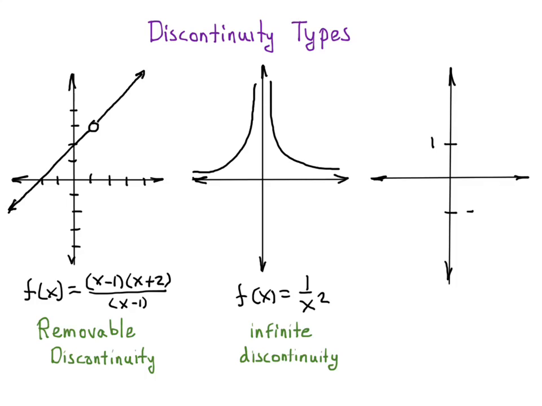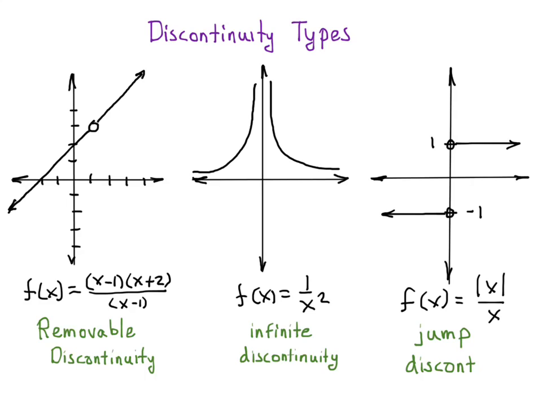And then the third kind, which I showed you with that absolute value of x over x, we call a jump discontinuity, or some authors call that a step discontinuity. A jump discontinuity is when the value of the function goes suddenly from one value to another, and in this case the absolute value is what triggers the sign of what is normally always either 1 or -1.